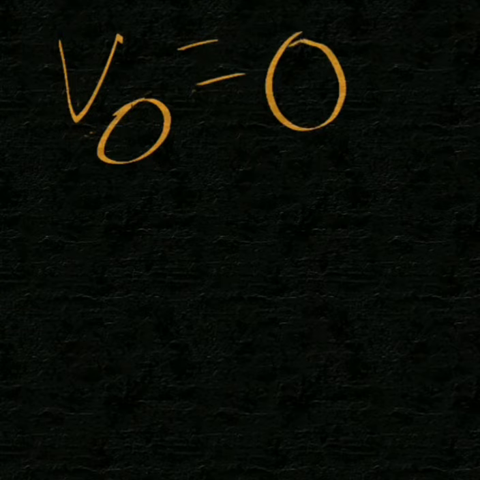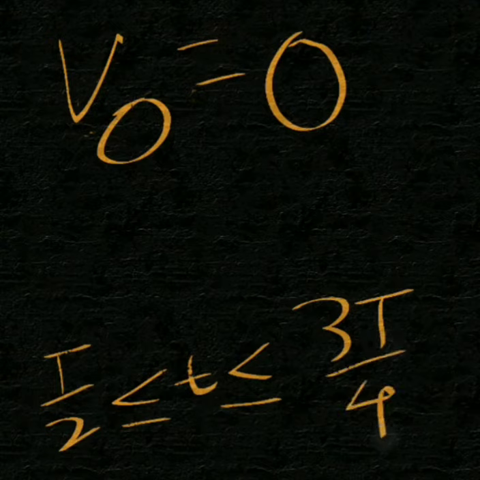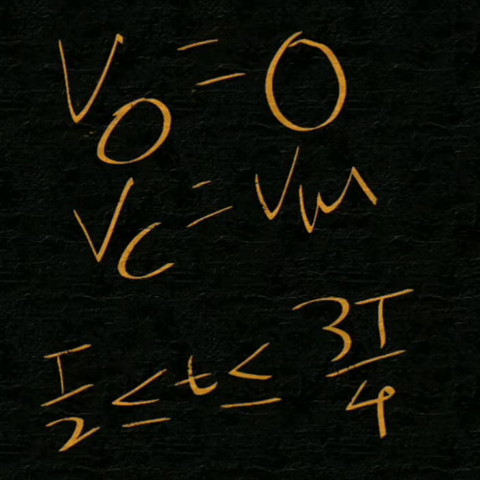So the capacitor will be charged to the peak value of the input voltage, that is to Vm, in no time. Now in this scenario, our VO will be what? The voltage across the resistor R, and here R value is 0, so VO value will be 0. So in the time range from T/2 to 3T/4, the value of VO is 0 and VC is Vm.